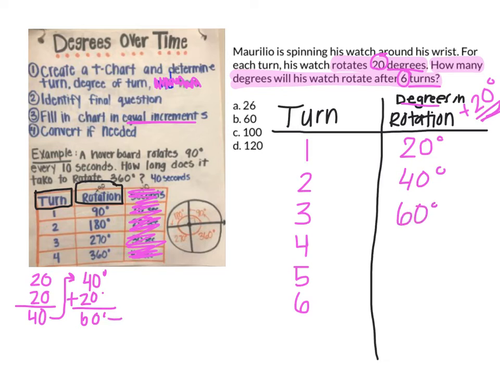Now our fourth turn, we're taking our 60 degrees and adding that 20 degrees. So our fourth turn is 80 degrees. Again, we take that 80 degrees, add another 20 degrees for our fifth rotation.